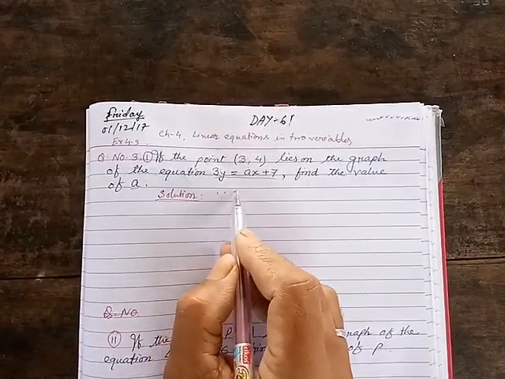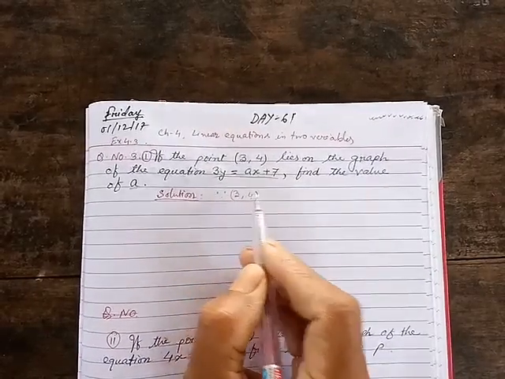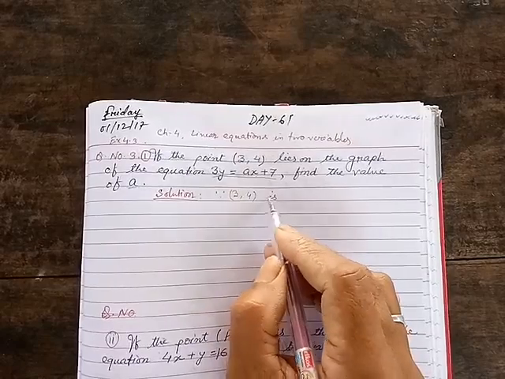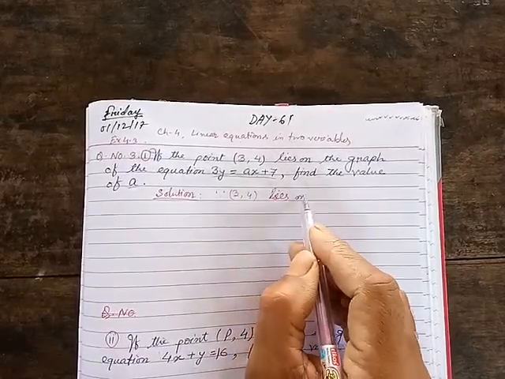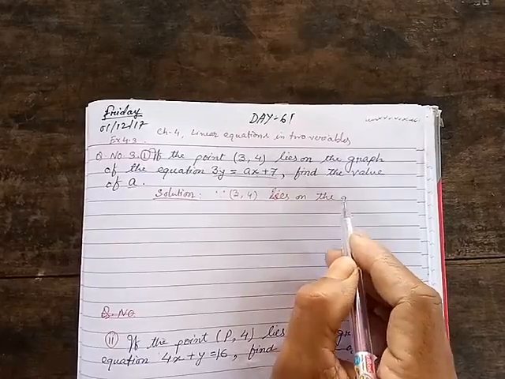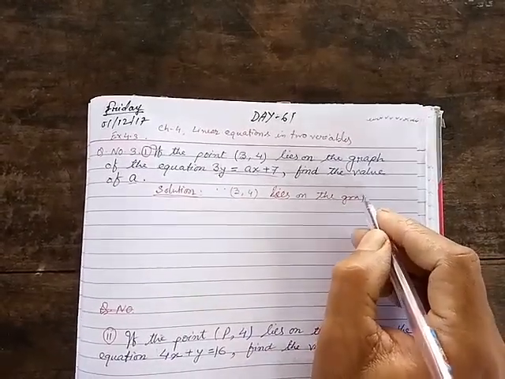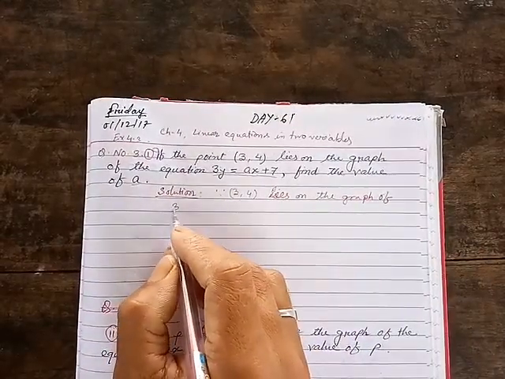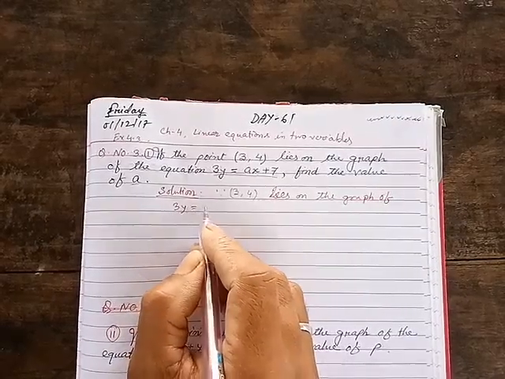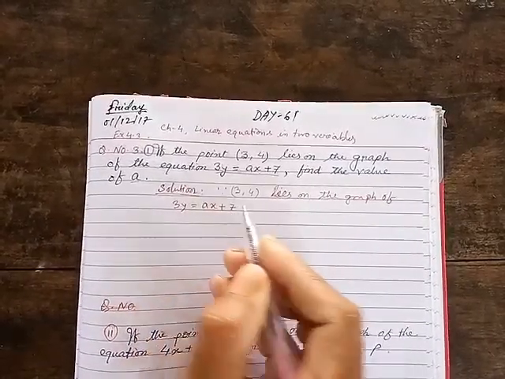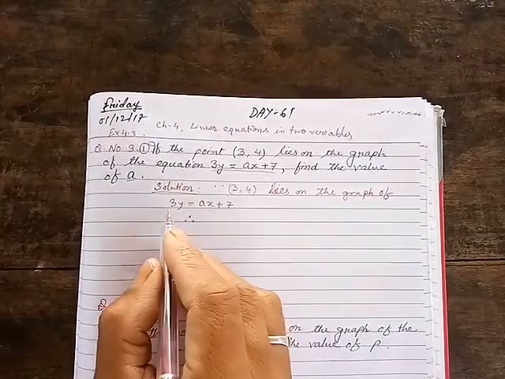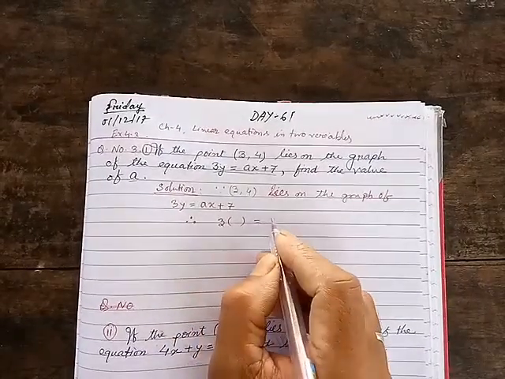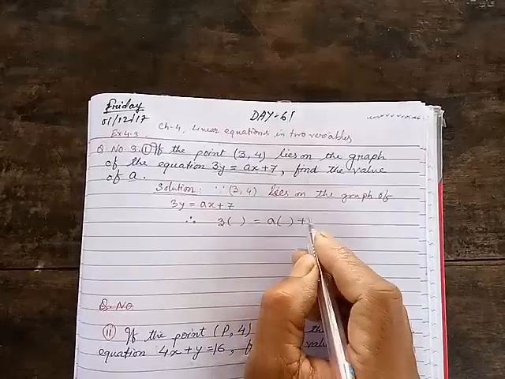Since (3, 4) lies on the graph of 3y = ax + 7, therefore we can rewrite this equation like that: 3y = ax + 7.